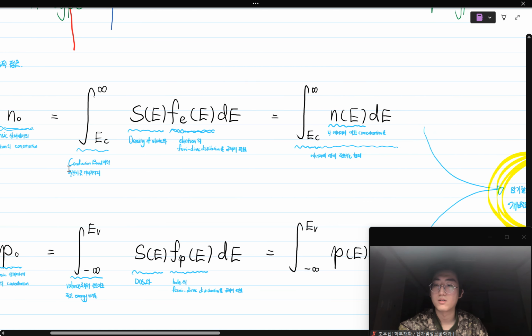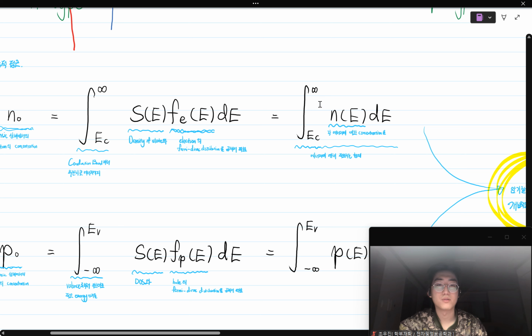This means you integrate from the conduction band to infinite energy the density of states times the Fermi-Dirac distribution of electrons.